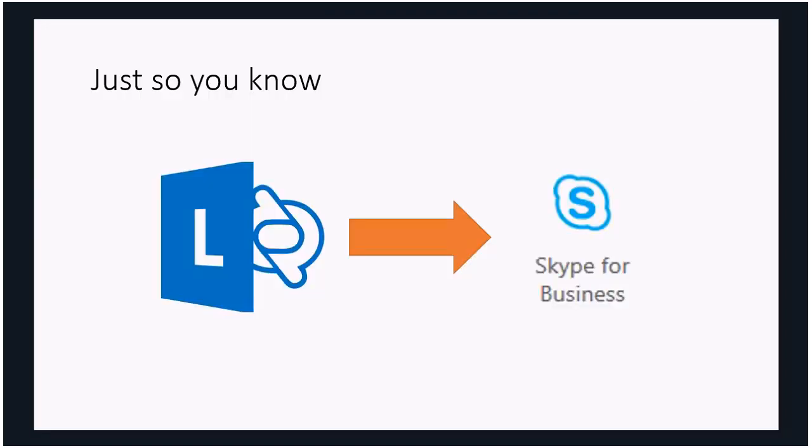So for those of you who aren't aware, Microsoft's Lync product has now become Skype for Business. In many ways, it is simply a rebranding, a rebadging. It's not necessarily a completely new technology, so if you're familiar with Lync, a lot of Skype for Business is the same. That means there is a Skype for Business Online, and there is also a Skype for Business on-premise.